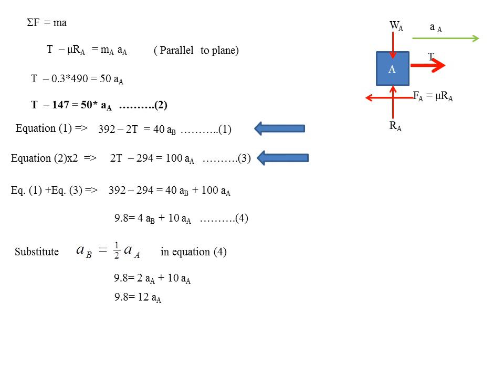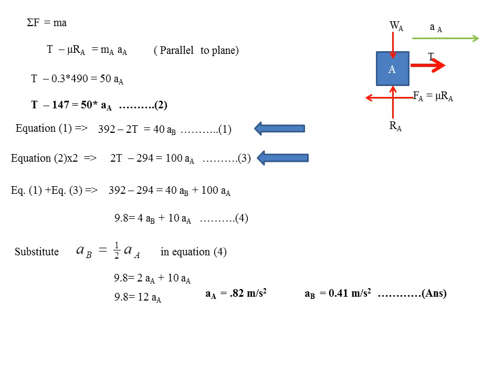So 9.8 is equal to 12 AA. So acceleration of A is 9.8 divided by 12, which is 0.82 meter per second square. We already know acceleration of block B is half of that, which is 0.41 meter per second square. Okay, so we got the acceleration of blocks A and B.